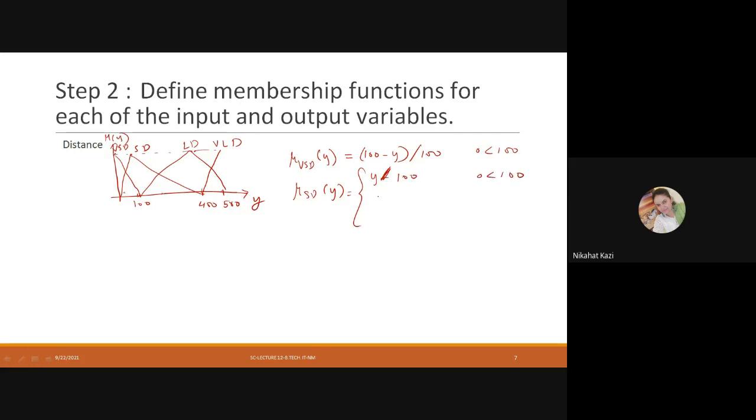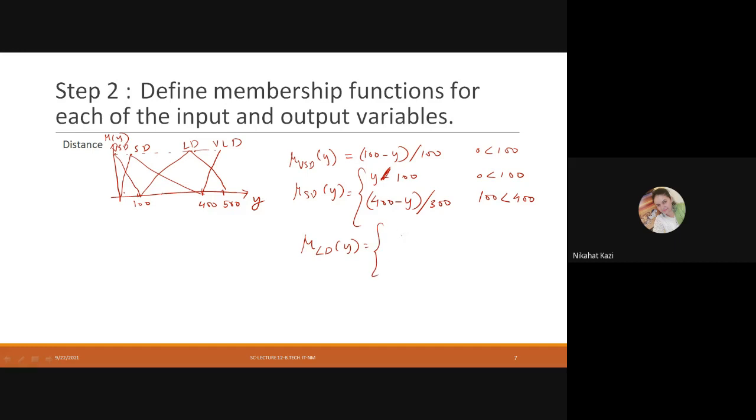Then second is decreasing, that is 400 minus y divided by 400 minus 100, that is 300. The range is 100 to 400. Next is long distance, again divided into two functions.